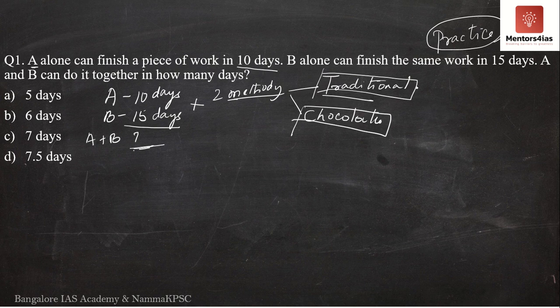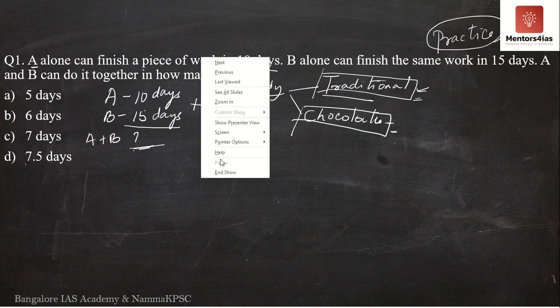I want you to understand the traditional method. I want you to be able to solve questions by using the traditional method and not the chocolate method, even though it is enticing, even though you would feel comfortable with it, because not every problem can be solved by your chocolate method. So I will first solve the problem by the traditional method.